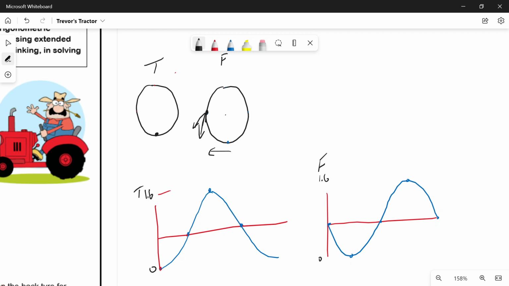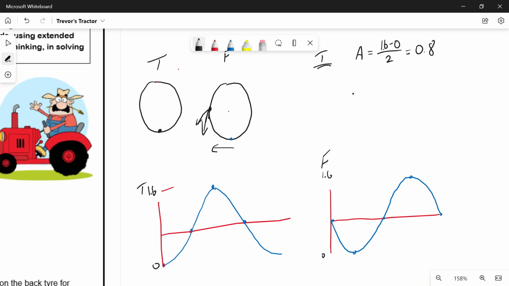Okay, so can we find out what A and D are? Of course you can. So for Trevor, A is the amplitude, which is the max minus the min divided by 2, which is 0.8, and D is the max plus the min divided by 2, which is also 0.8.